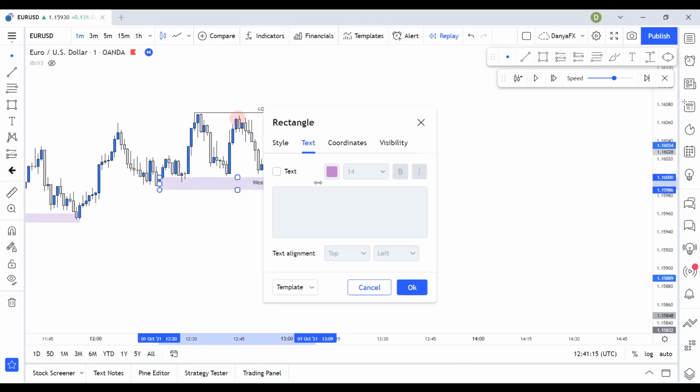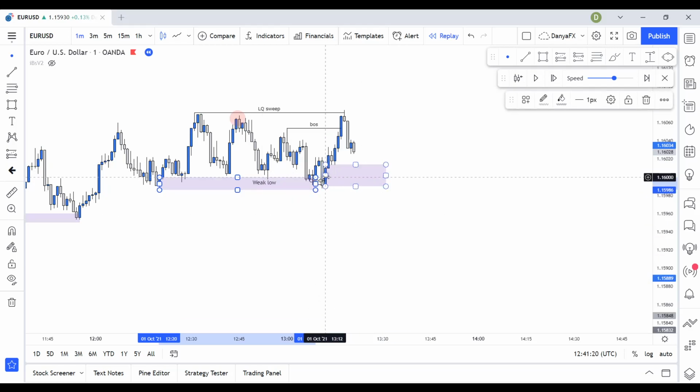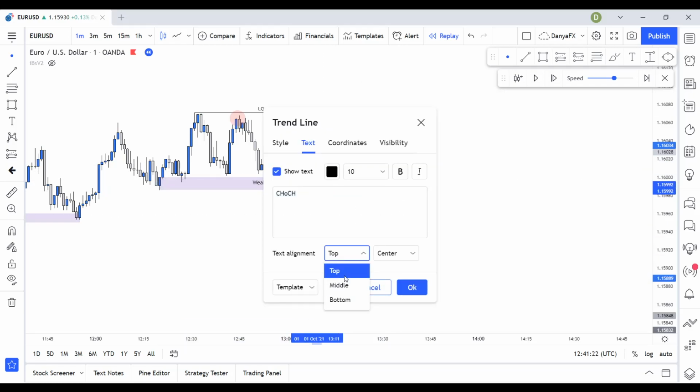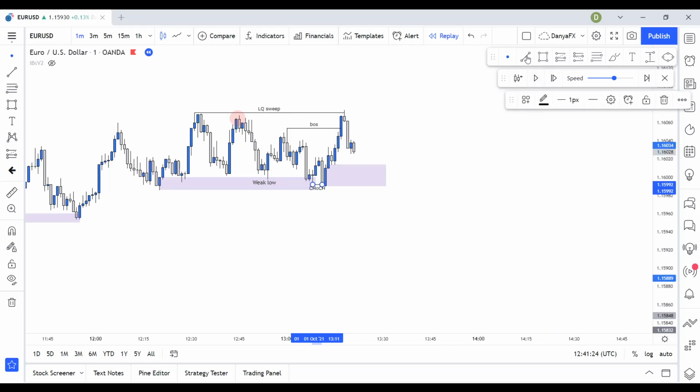Let's make it to the down, not top, bottom, and here it is a change of character.